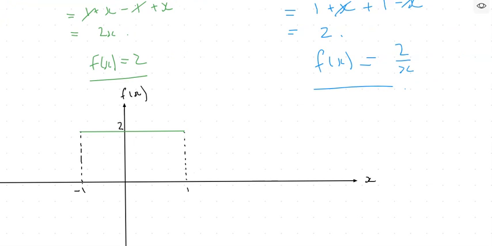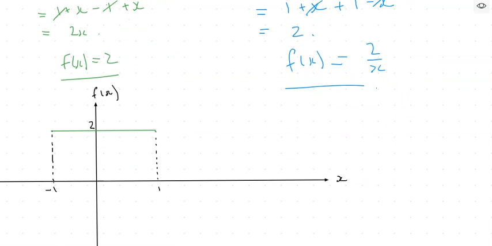Get my blue pen up. When x is greater than 1, we have 2 over x. And when x is 1, this equals 2, which is this point here. So we have the 1 over x, or the 2 over x graph, which looks like the 1 over x graph.